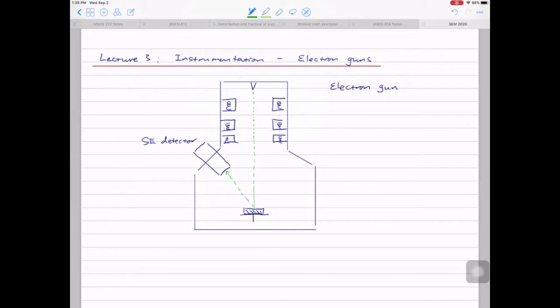So this is SEM in a big picture. You can insert a lot more other detectors like backscattered electron detectors, EDS detectors, EBSD detectors. All these detectors we'll discuss in details. I just realized I've got to label these are lens systems.